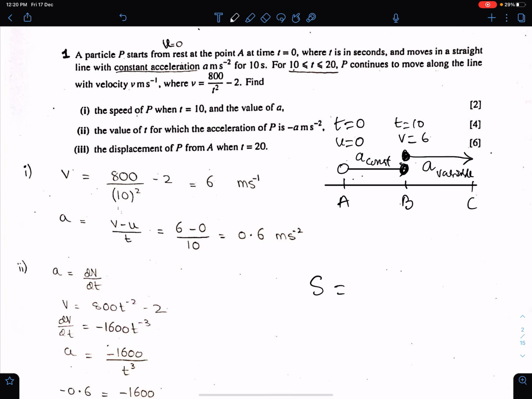Total displacement is displacement AB and then displacement BC. This is constant acceleration, so use equation of motion. And for this use calculus.